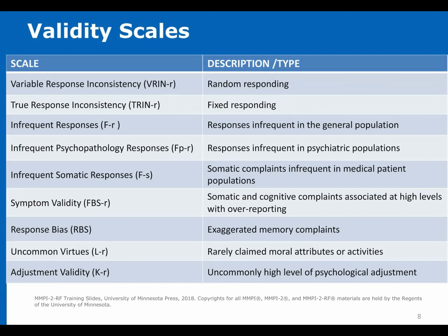So an example of the type of item that would be on L-R would be something like, I have never sworn, or I have never told a lie. Again, individuals who respond true to these sorts of items are claiming uncommon virtues, and by extension are likely underreporting or minimizing their problems. And then finally, the adjustment validity scale assesses underreporting by way of the test takers' responses indicating an uncommonly high level of psychological adjustment.